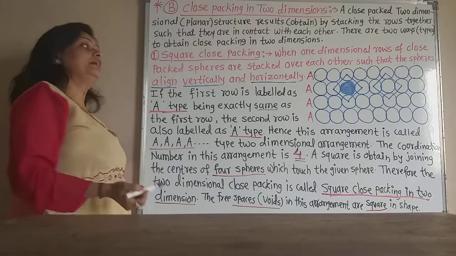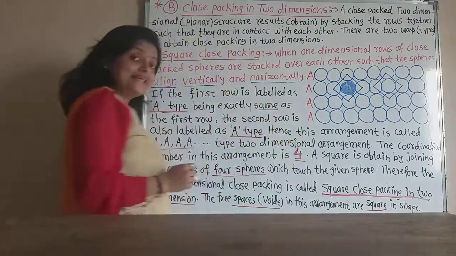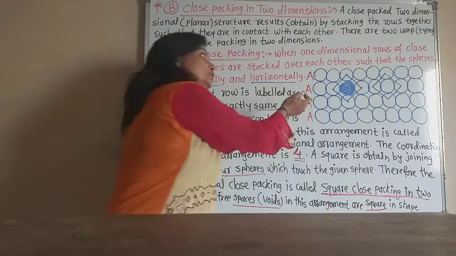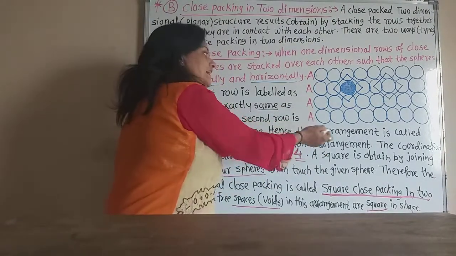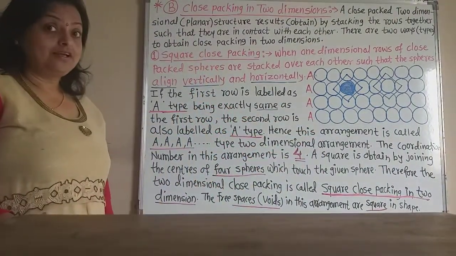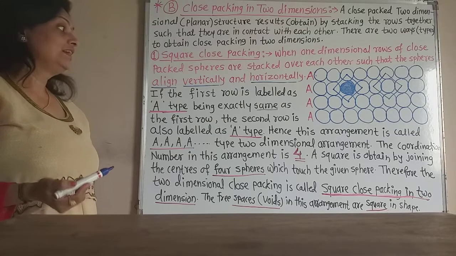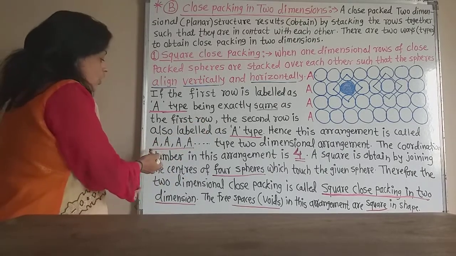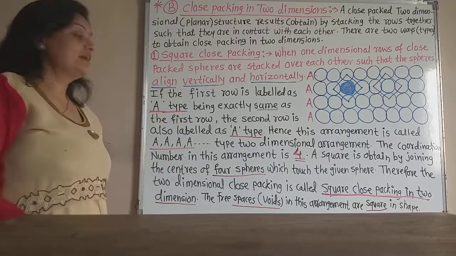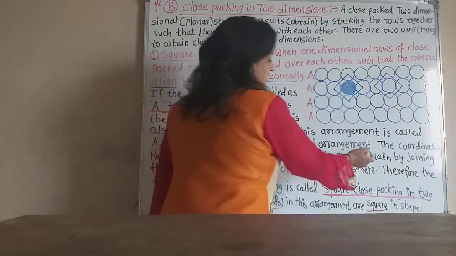Therefore, if the first row is called A type, the second one is also A type, the third one is also A type, and so on. Hence, this arrangement is called the A type of two-dimensional arrangement.